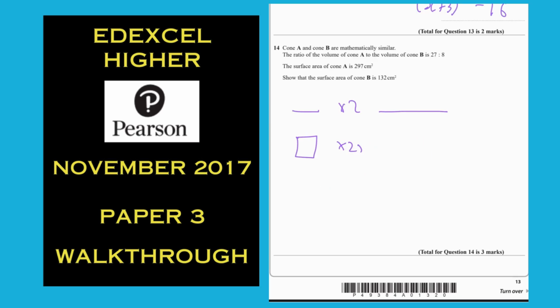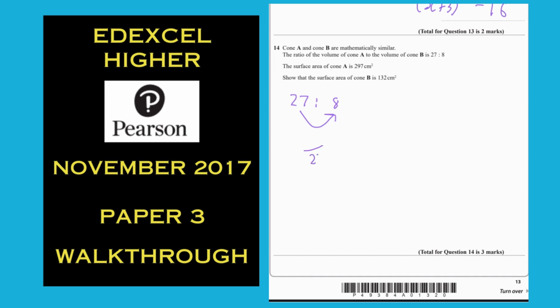So let's take it back now we've reminded ourselves of that fact. So it's giving you a ratio of volume. So to go from 27 to 8, what's the multiplier?